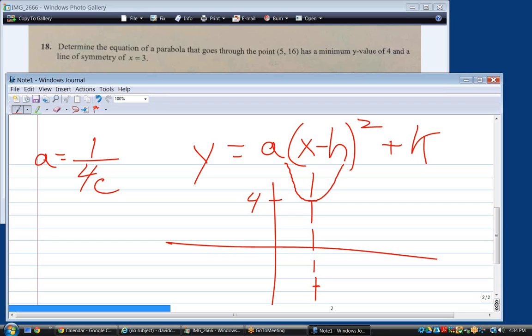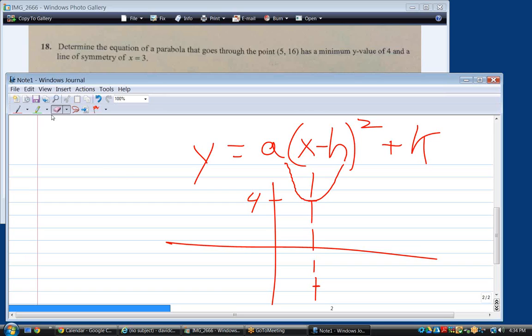We don't even need a focus on this. What we need to do is figure out what A is. What else do we know?